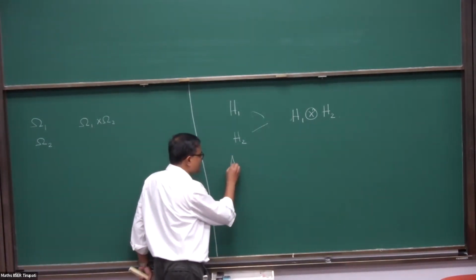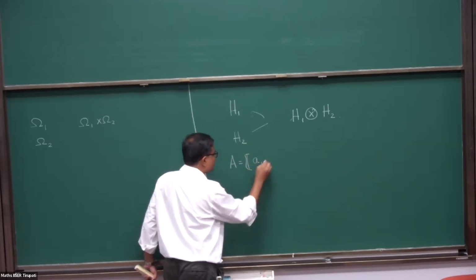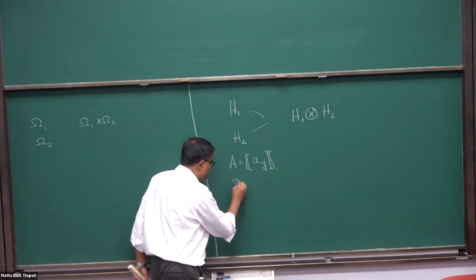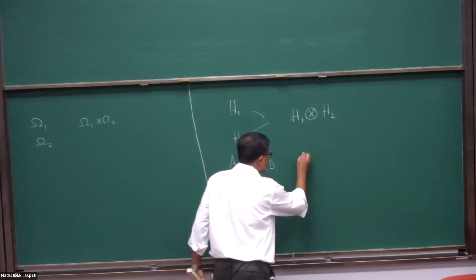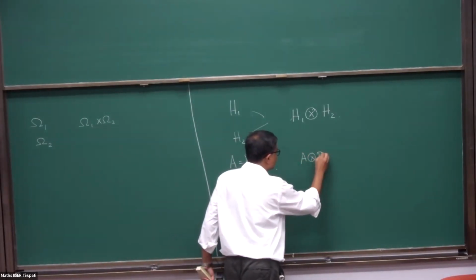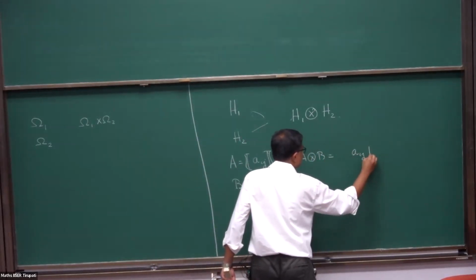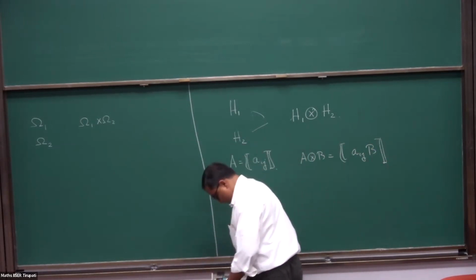Consider that I have two matrices, A of i j, and it does not matter whether these objects are square or rectangular, and another matrix B. Then I can take the tensor product A tensor B as a matrix of the form A of i j into B, taking the block matrix of that type.